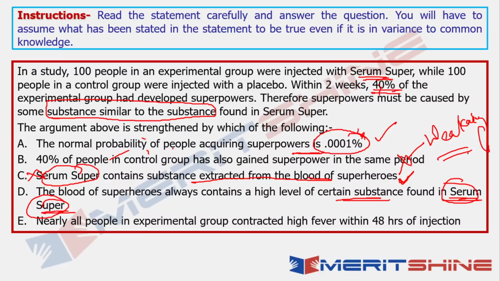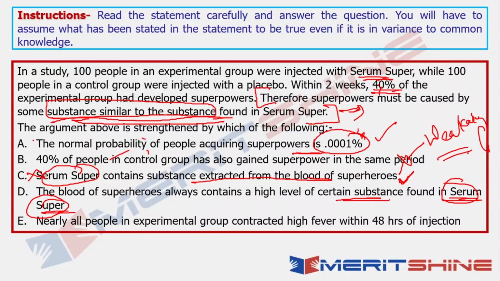But here we are not only talking about strengthening the argument, we are talking about strengthening the argument most. Now D clearly states that all superheroes have in their blood a substance similar to what you have in serum super. So if that is the case, then this conclusion is strengthened most, because this is more or less giving a premise on which the author can state this, right?